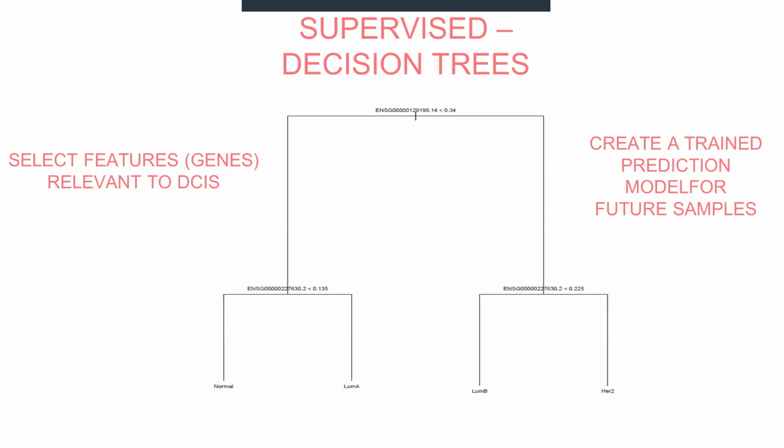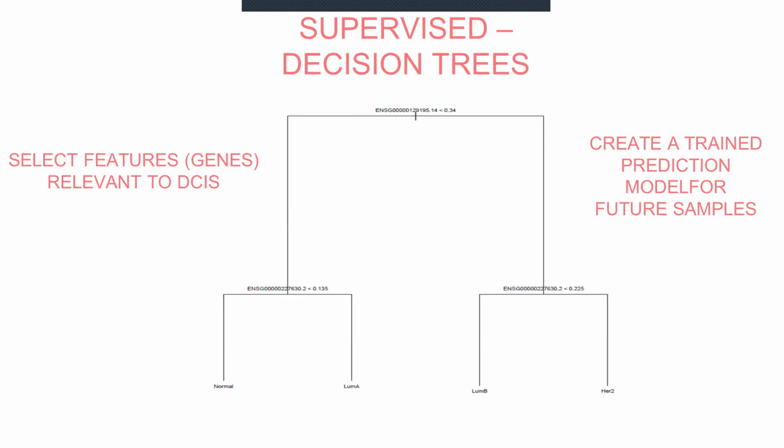We also have some value. For example, take a look at this first one, ENSG that ends with 195.14. It says less than 0.34. What that means is that 0.34 is the cutoff value. So if the expression of this gene is lower than 0.34, we go to the left branch.